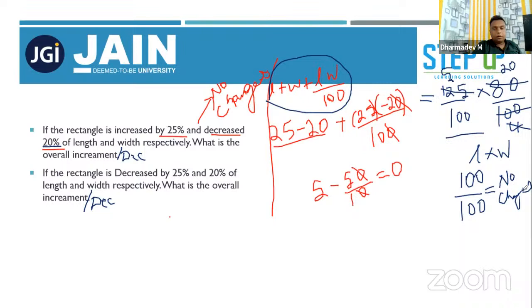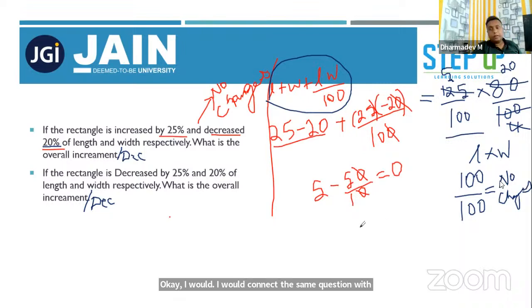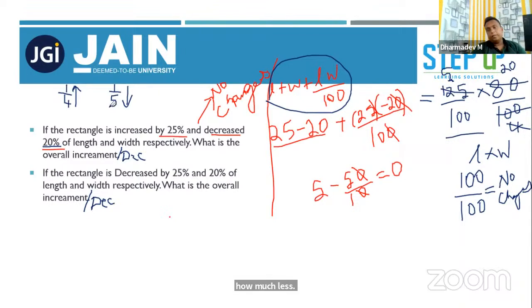I would connect the same question with last week's question. I hope you remember, if a person gets 1 by 4 more, what will the other person get? If a person gets 1 by 4 more, the other person will get how much less? 1 by 5 less.